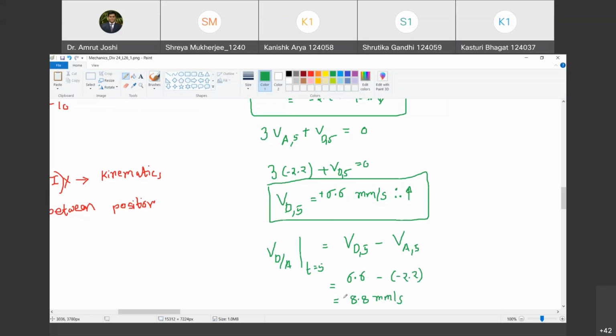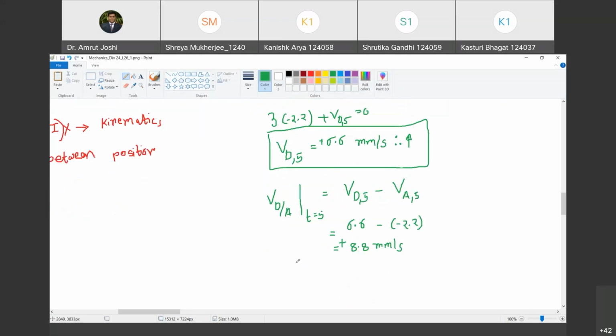What is the meaning of the positive sign? That means block D is moving up with reference to block A. It is not necessary that in absolute sense block D will be moving upward.